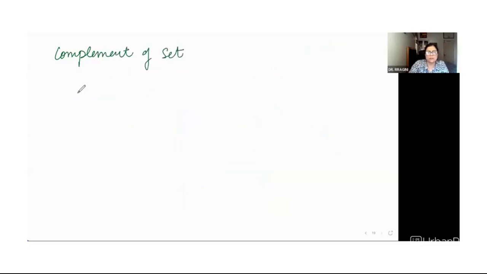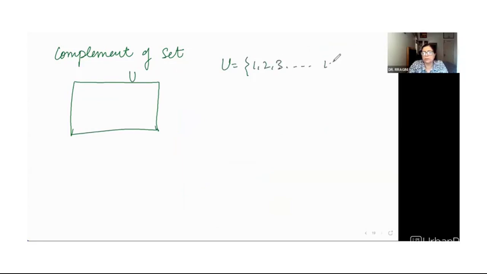Now, next is the complement of a set. If we are talking about only one set, this is the universal set U. I'm writing it with elements also: 1, 2, 3 up to 10. Now, if A is a set which is 2, 4, 6, 8, 10, then we can make A here and write 2, 4, 6, 8, and 10.